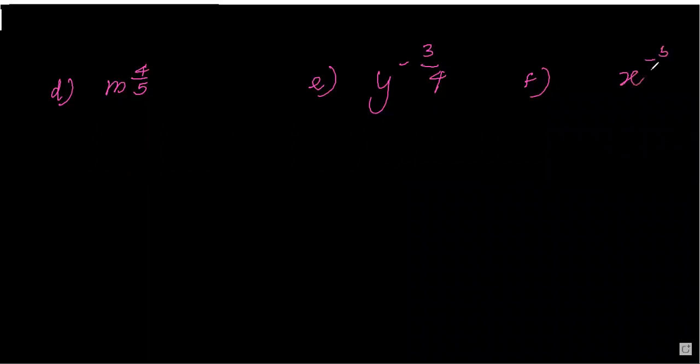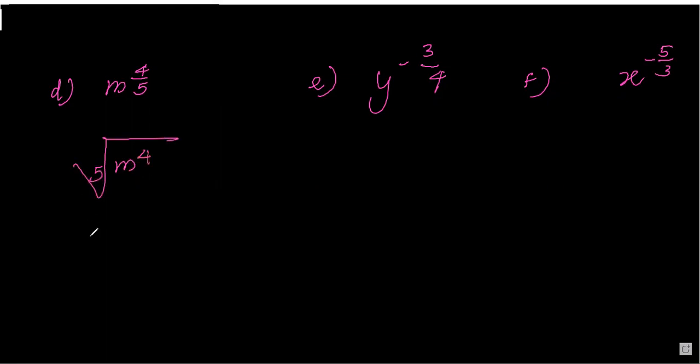Next one, m to the power 4/5, y to the power 3/4, x to the power 5/3. Then we can write this 5 inside the radical sign's hook. M, we can write it here and here.